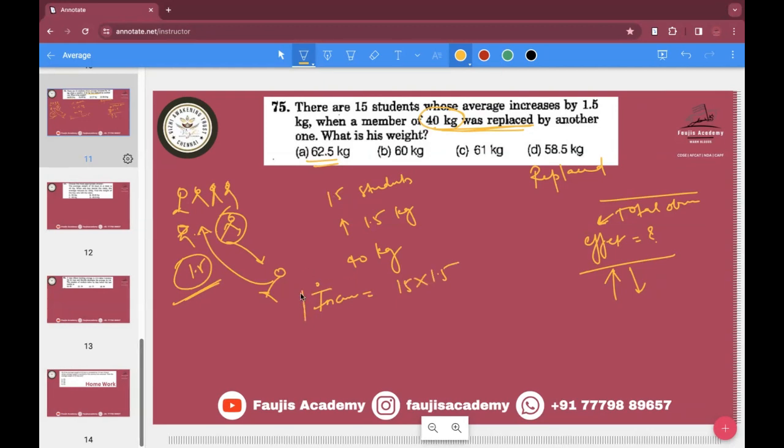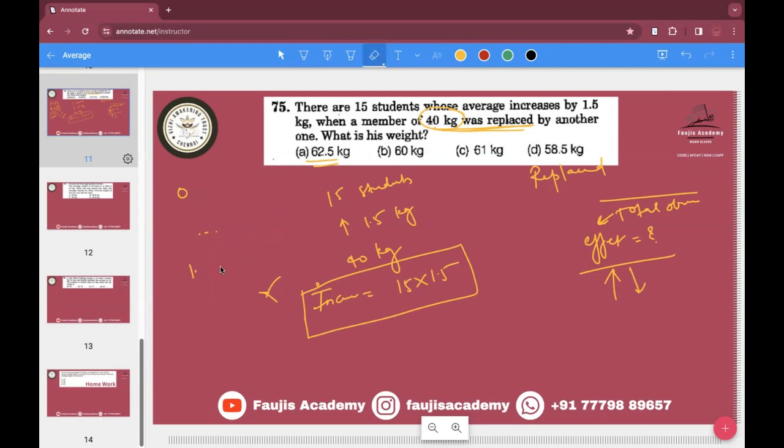Guys, are you getting what I mean by writing this? The average increased by 1.5. That means the person who came into the class brought this much additional weight with him. Any doubt?